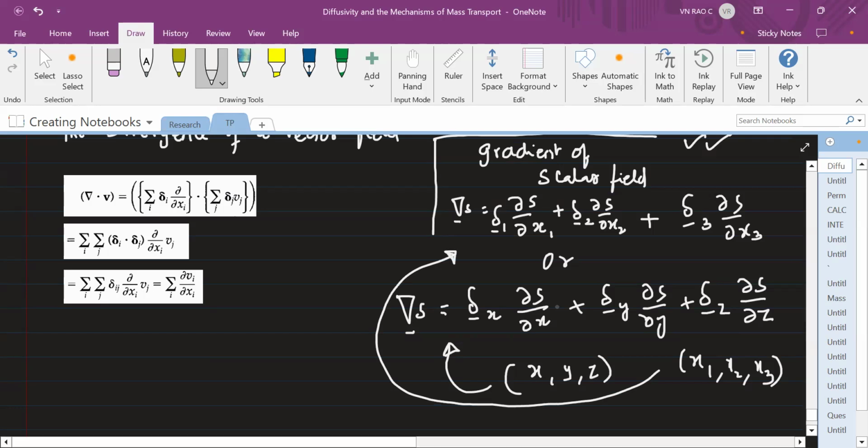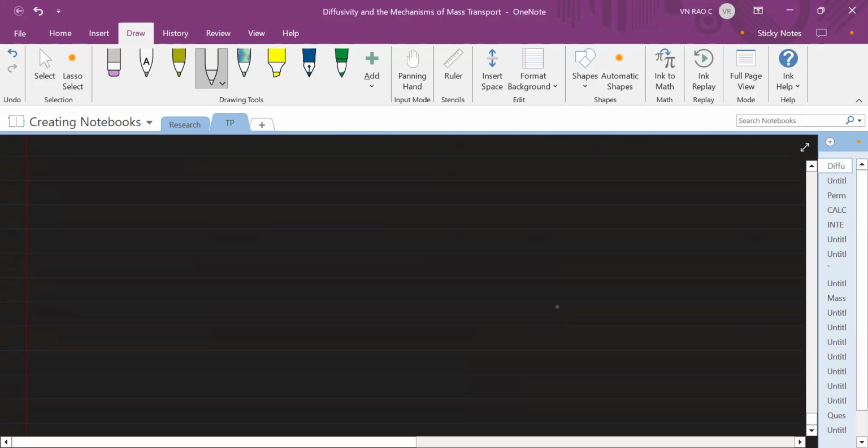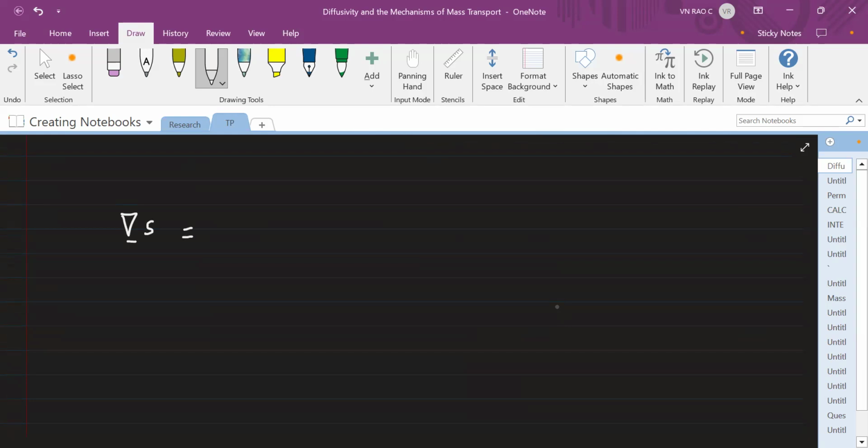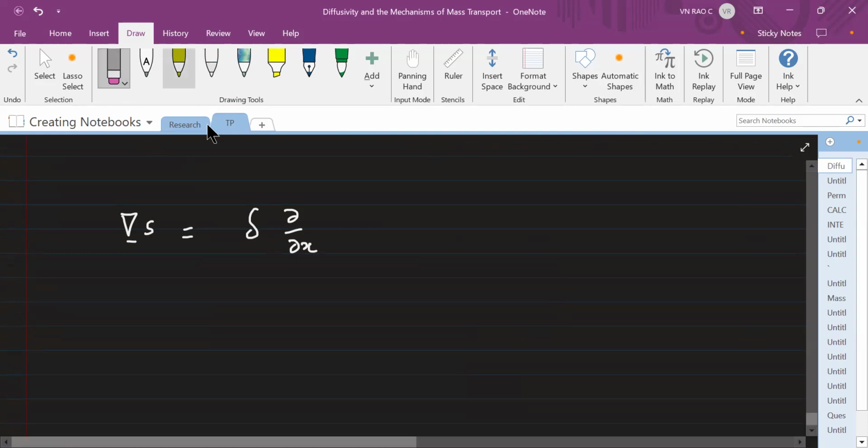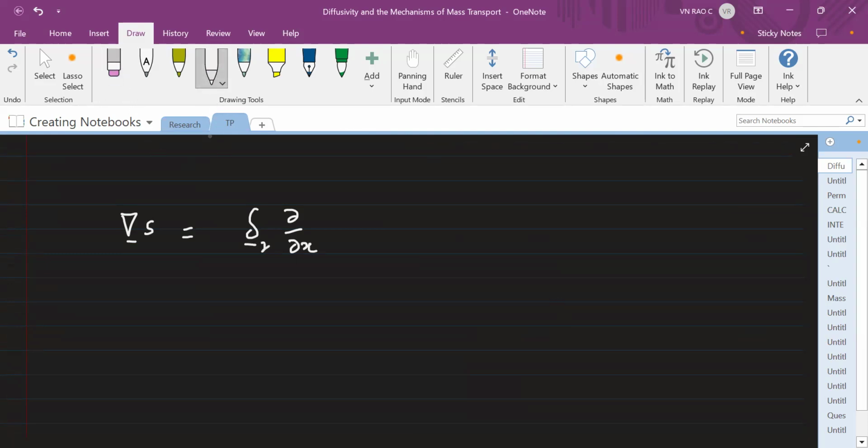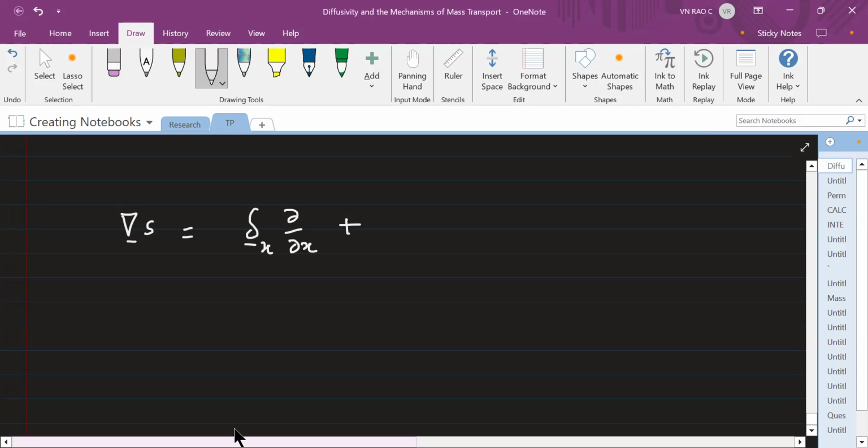See, what is the notion here? Del S means, generally, what is del? Delta 1 tau by tau x. As per the textbook, we can also say delta 1 x1, delta 2 x2 like that.